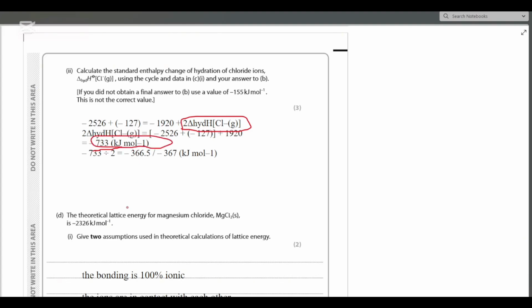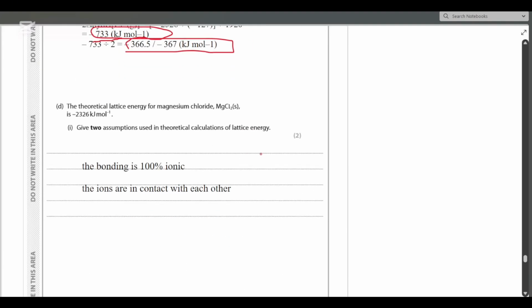That's for 2 chloride ions. If you divide it by 2, we get the value for an individual one, which is what we are supposed to find. So that's the answer, the standard enthalpy change of hydration of chloride ions. Moving on, the theoretical lattice energy for magnesium chloride is negative 2326.